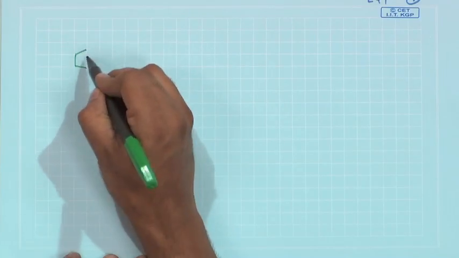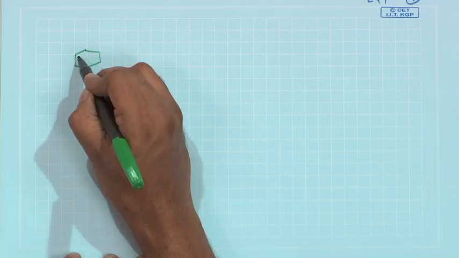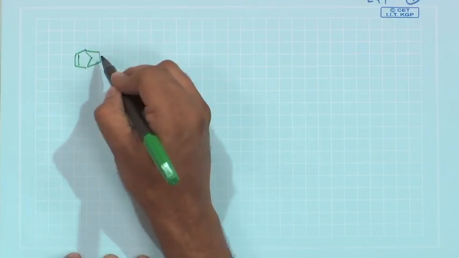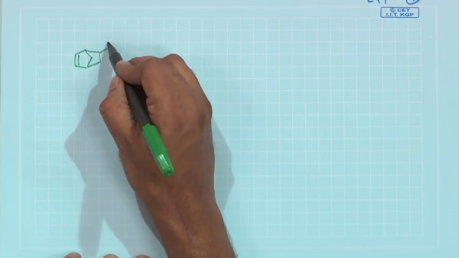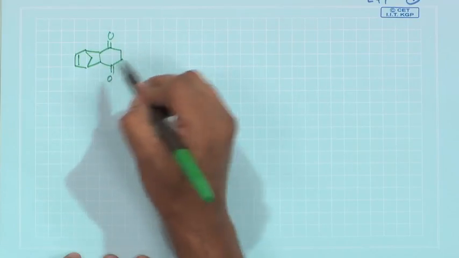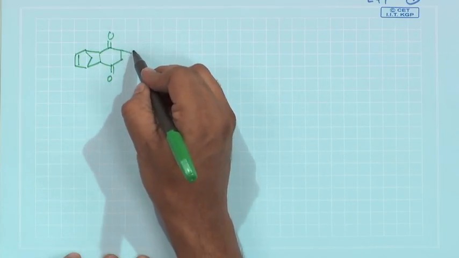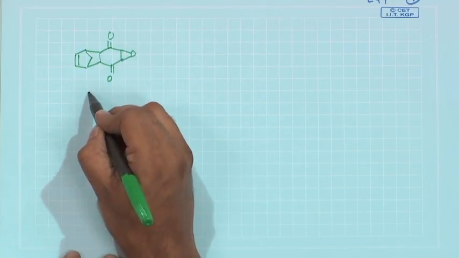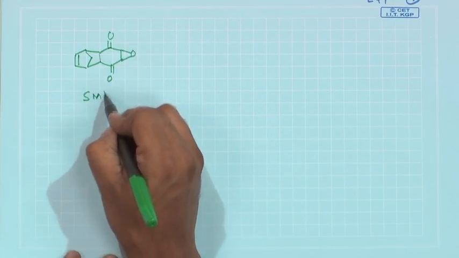Now, we will try to explore the concept of desymmetrization with some very simple examples. I am trying to give you a couple of starting materials one by one, and what I am asking is that please try to do the desymmetrization of this given molecule, so that the symmetry is getting disturbed.